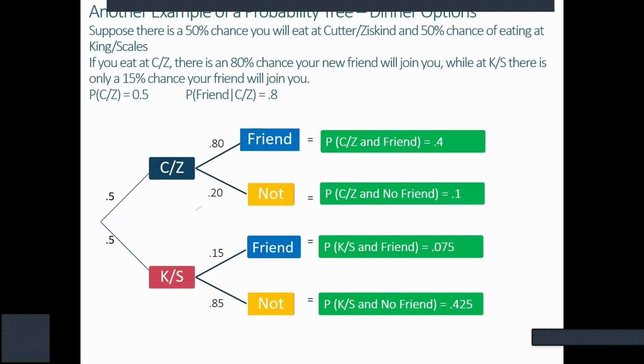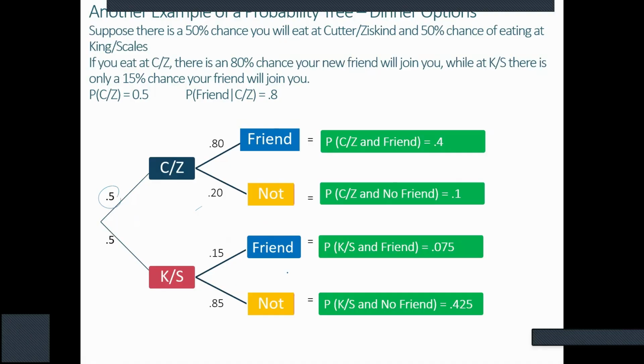Okay. So now, out here, what we have is the probability of CZ and friend. So we multiply the 0.5 times the 0.8, and we get 0.4. Or CZ and no friend, 0.5 times 0.2 is 0.1. Notice the 0.4 plus the 0.1 adds to the 0.5.